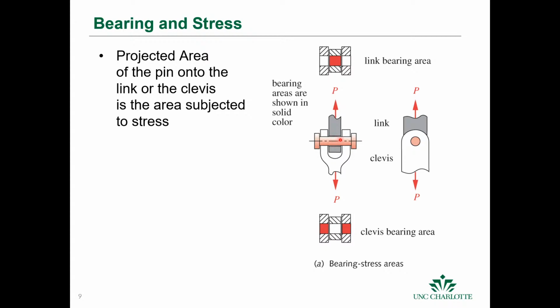So it's the length times the diameter. So the diameter times the length gives us this area, and we can use that to approximate the bearing stress. And the bearing stress is important because if you have excess bearing stress, instead of shearing the pin, if you have a oversized pin or a bigger pin, then what you're going to do is you're going to crush the area.